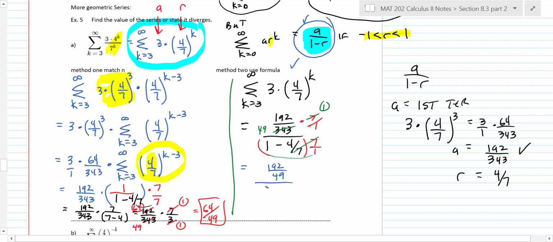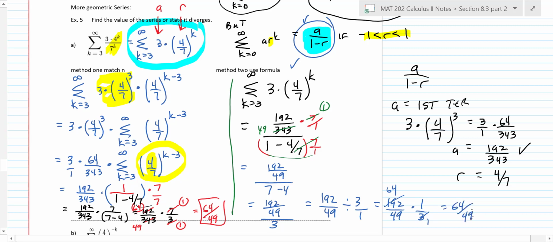Then the denominator, you have 7 times 1 is 7, minus 4. So that's 192 over 49 all over 3, like that. Now that's a division problem, so you can write this as 192 over 49 divided by 3. So you can do the reciprocal, so you have 192 over 49 times 1/3, and then that reduces down to 64 over 49.